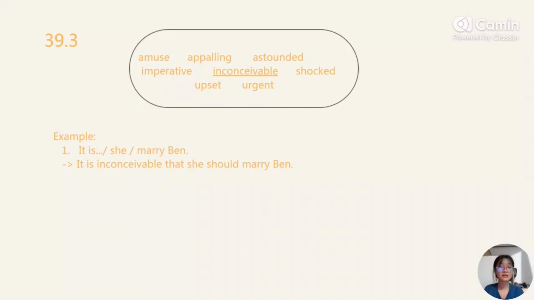Exercise 39.3. We have adjectives and need to choose the appropriate one for each sentence. As my teammate mentioned above, we often use "should" plus "be" plus adjective when expressing our reaction when reporting, and some sentences follow the structure "it is" plus adjective.